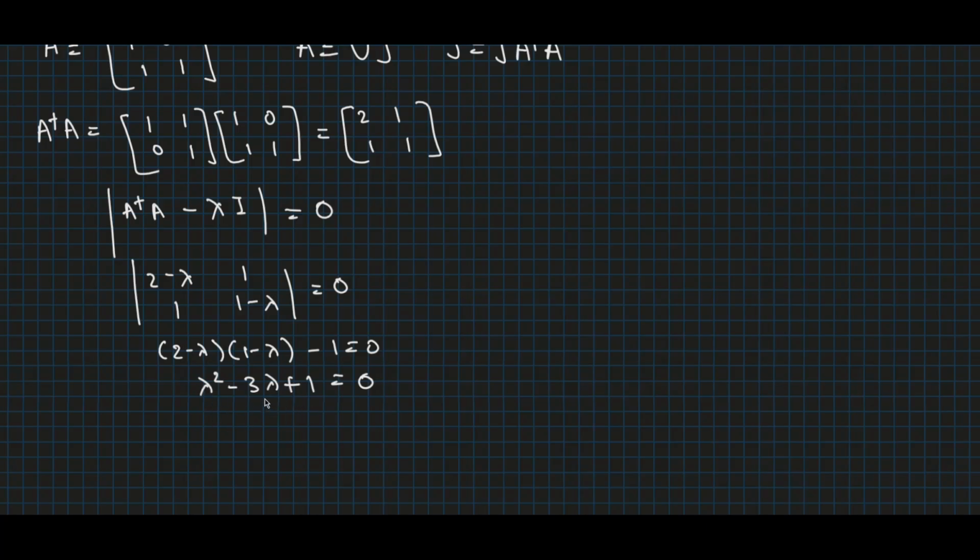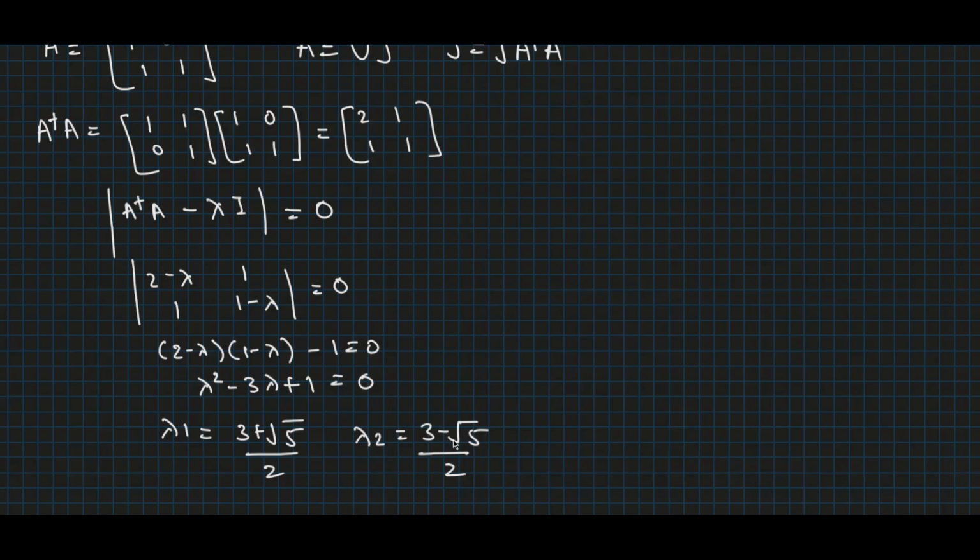And on solving this quadratic equation, we get two eigenvalues, that is lambda 1 equal to (3 plus root 5) by 2 and lambda 2 equal to (3 minus root 5) by 2.